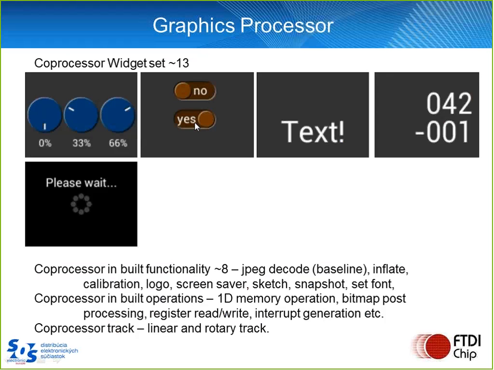On, off, for example. You could change the colour. These are dials that are different from clocks and that allow you to, I don't know, set a volume, set brightness, that kind of thing. And we have text, and this final one is like a please wait.